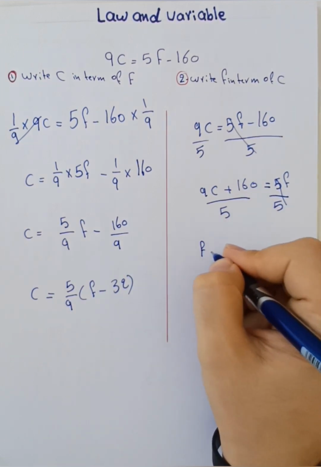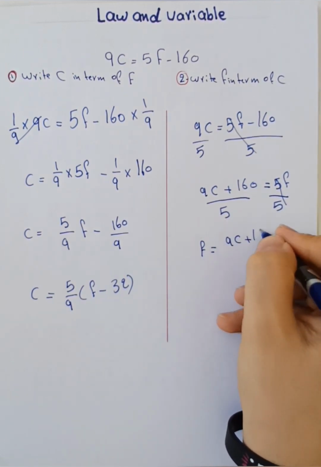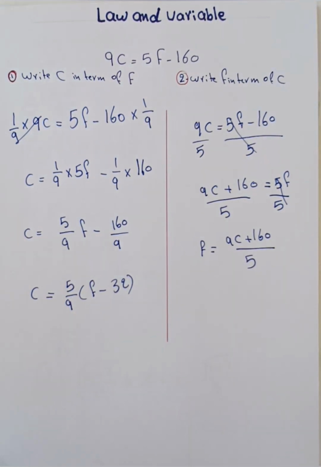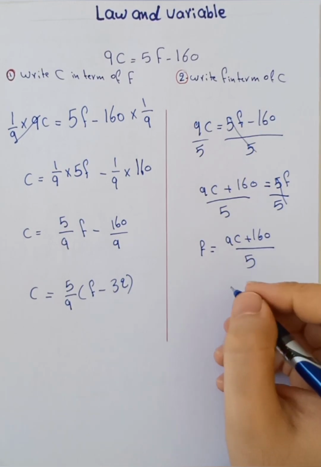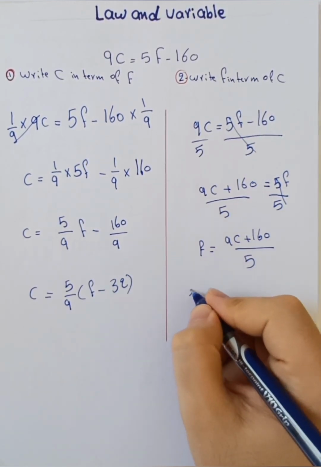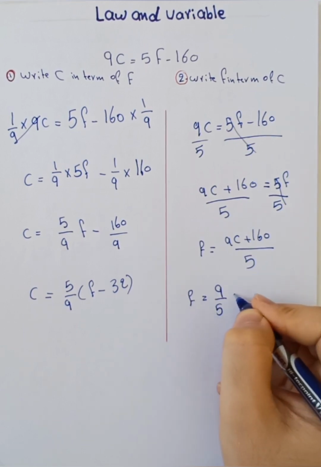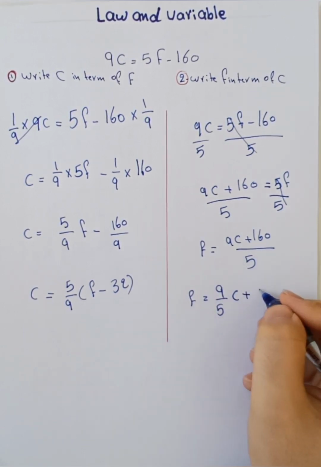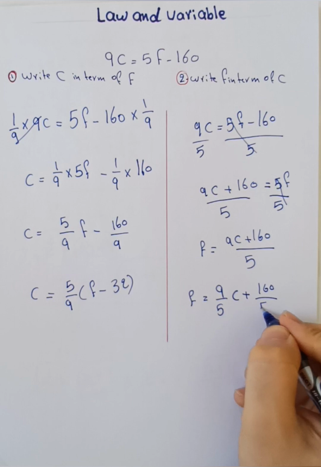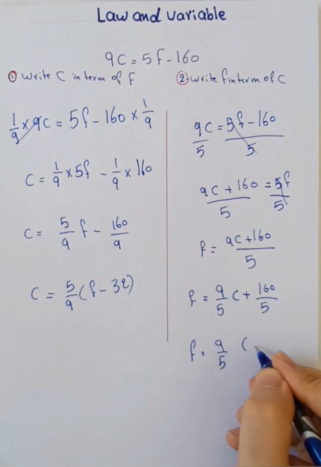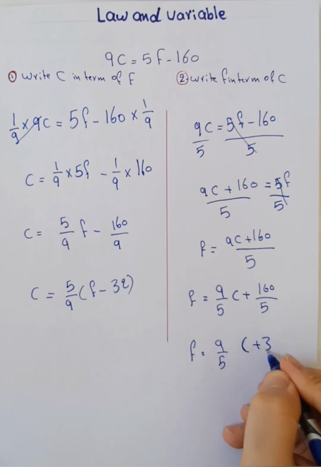So f equal to 9c plus 160 out of 5, and then f equal to 9 out of 5 c plus 160 out of 5. So f equal to 9 out of 5 c plus 32.